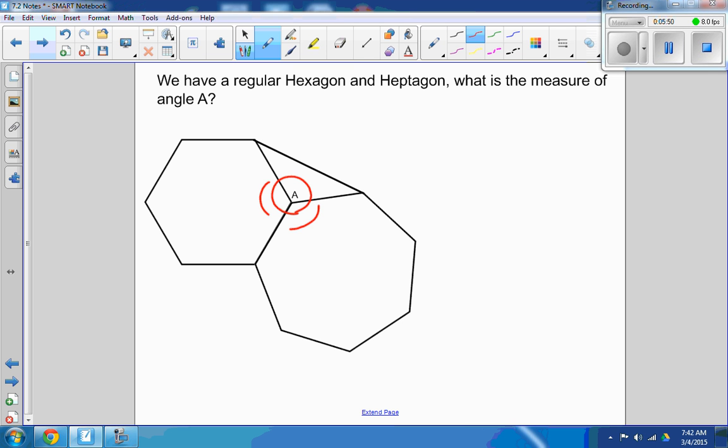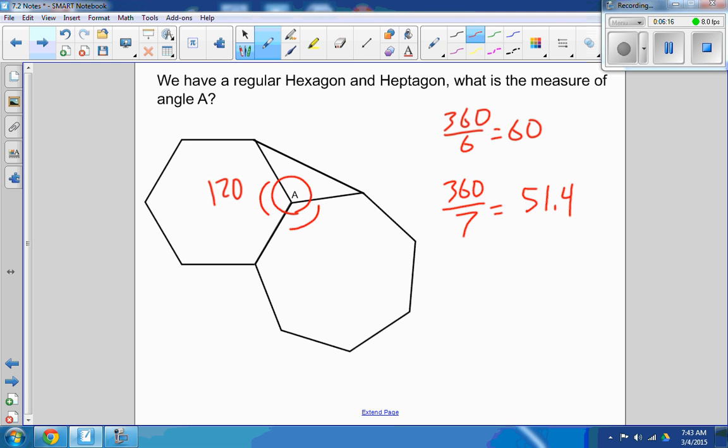So the interior angle of a hexagon, well, we know the exterior is 360 divided by 6, which is 60. Thus, the interior angle has to be 120. For a heptagon, the exterior angle is 360 divided by the number of sides, which is 7. I'll round it. It ends up being 51.4. Again, I rounded that.